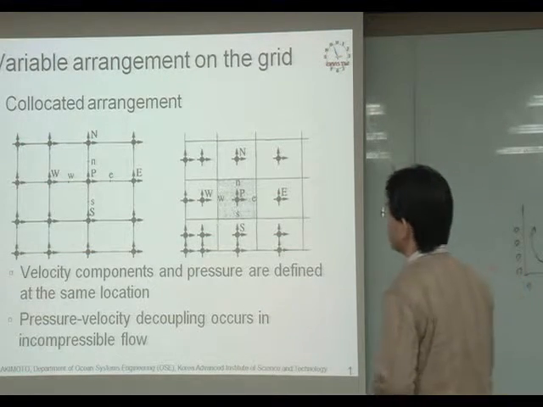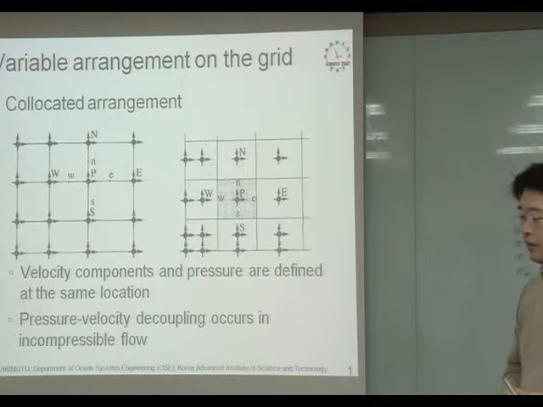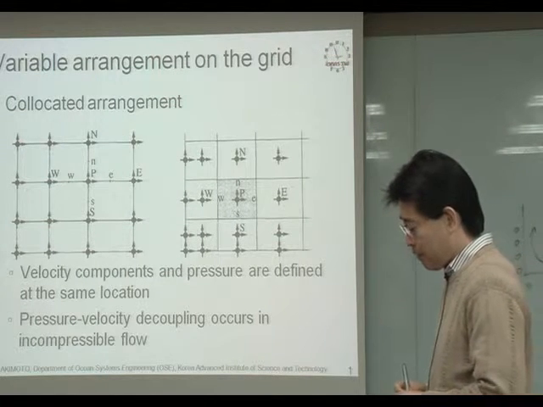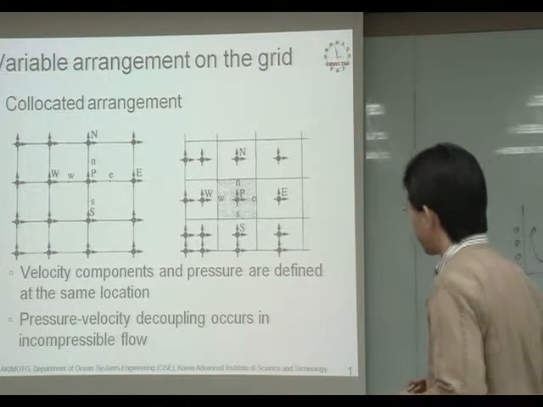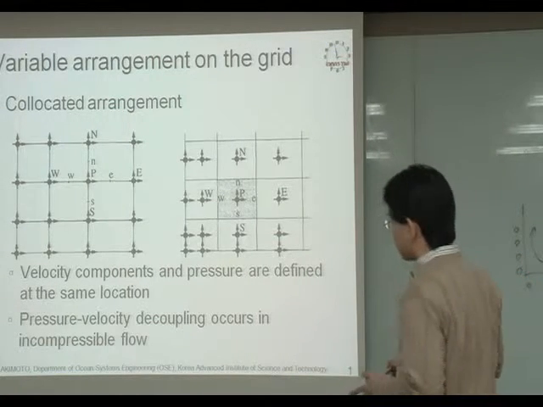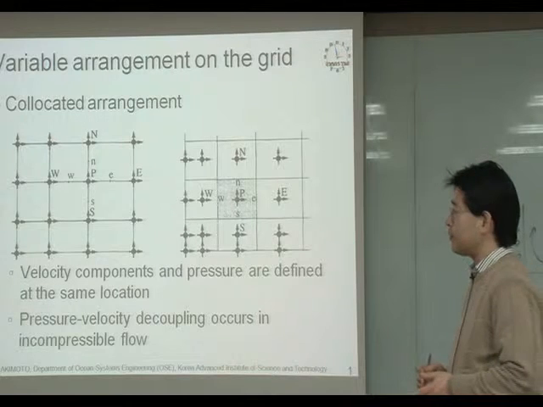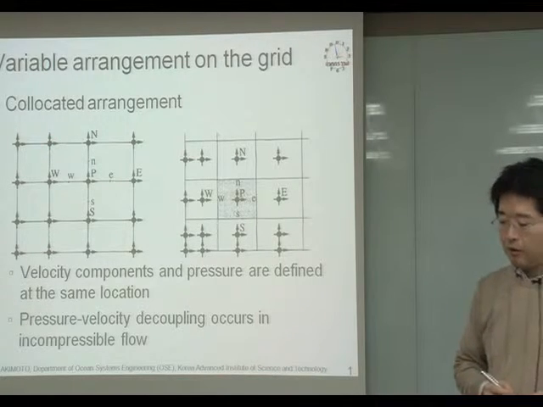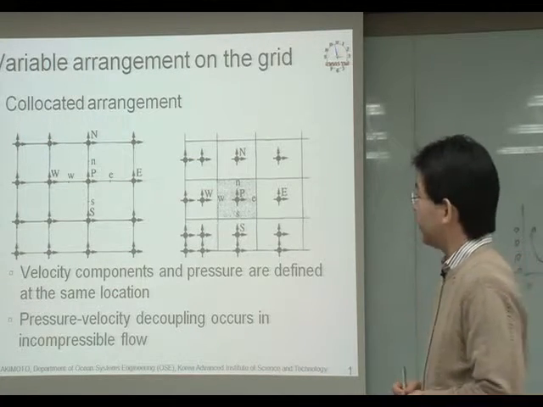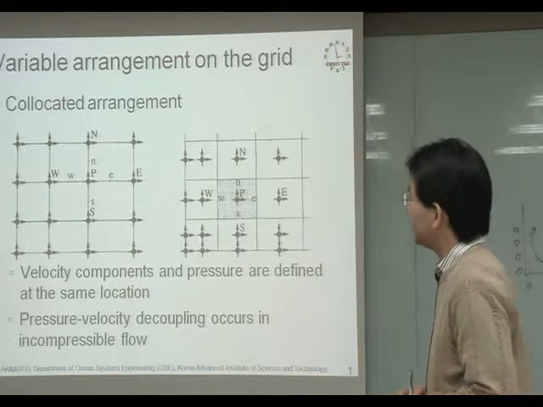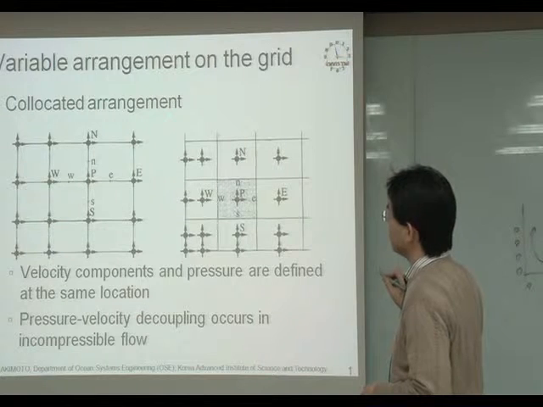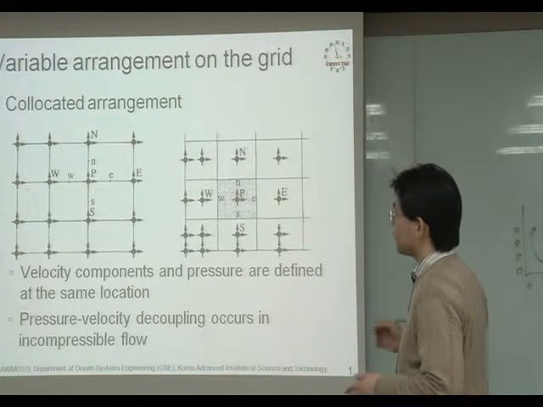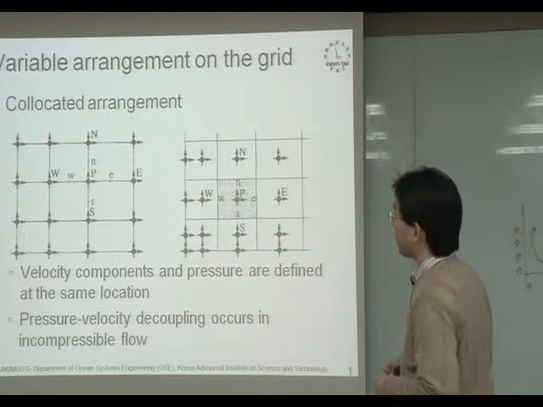The next topic is the variable arrangement of physical values on the mesh. Actually, there are two types of arrangement, and one is the collocated arrangement, and the other is the staggered arrangement.